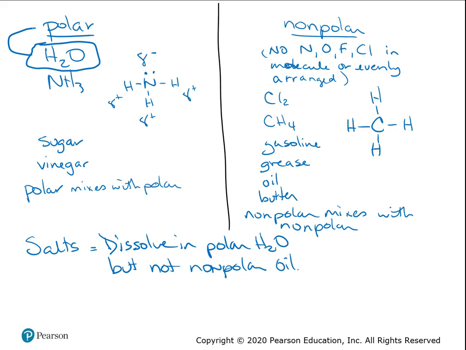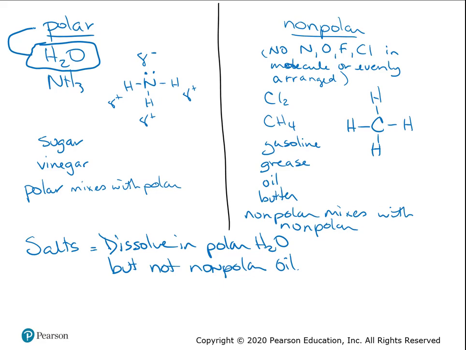Other things you can think of, sugar. Sugar has oxygens, and those oxygens being electronegative increases polarity. So you take sugar, put it in water, stir it up, it completely disappears, it dissolves because it's able to interact. Vinegar, another one. You can dilute vinegar, so you can have vinegar from the jar, but you could dilute it for cleaning.